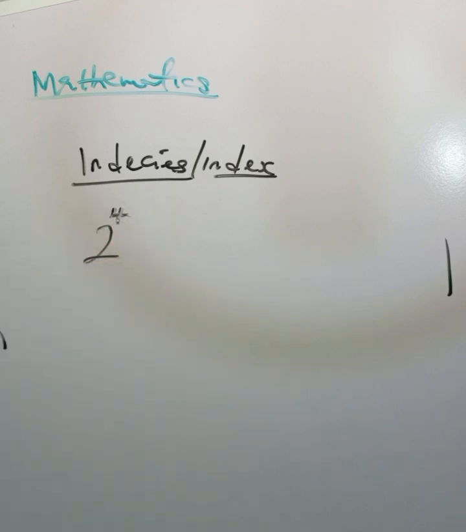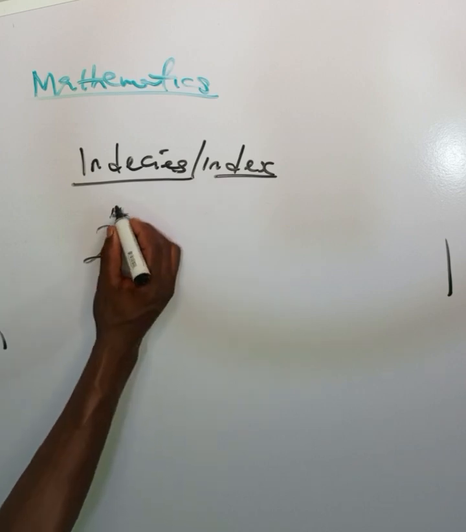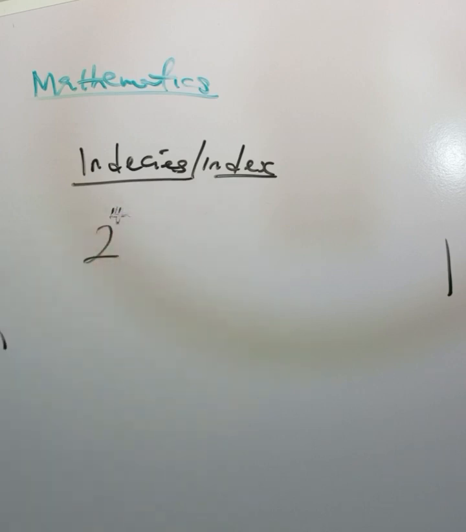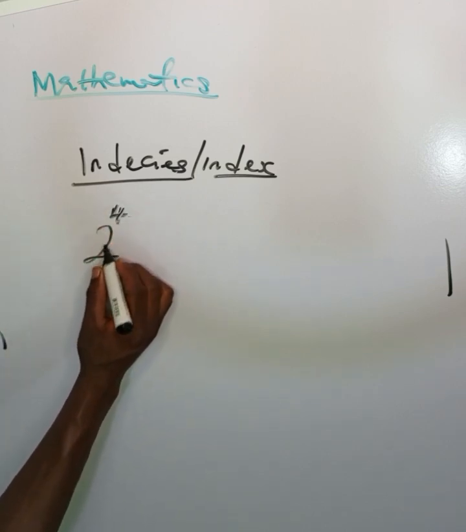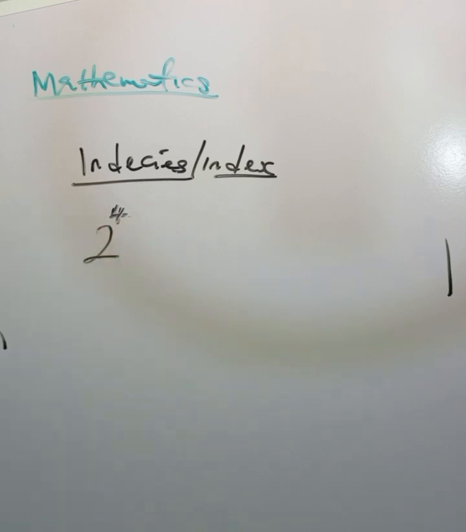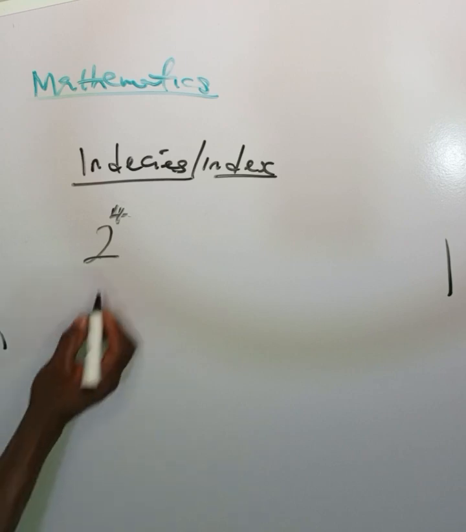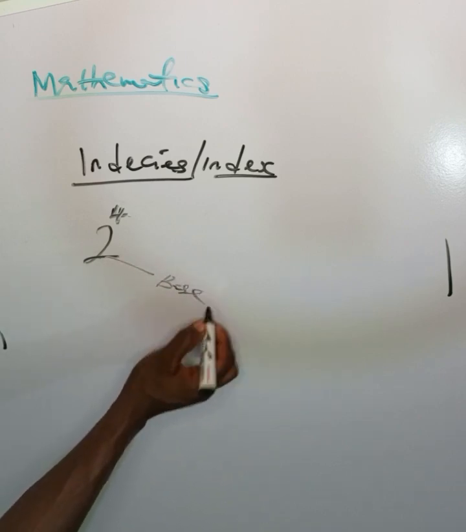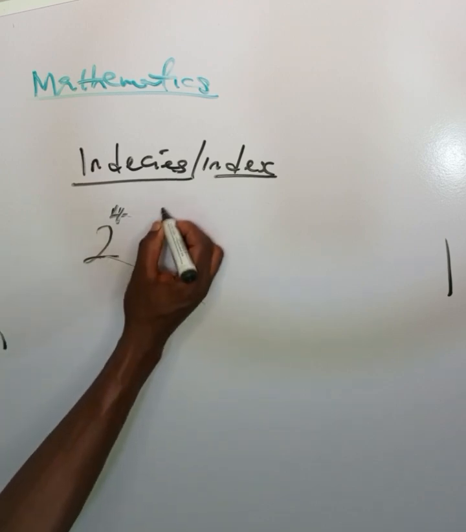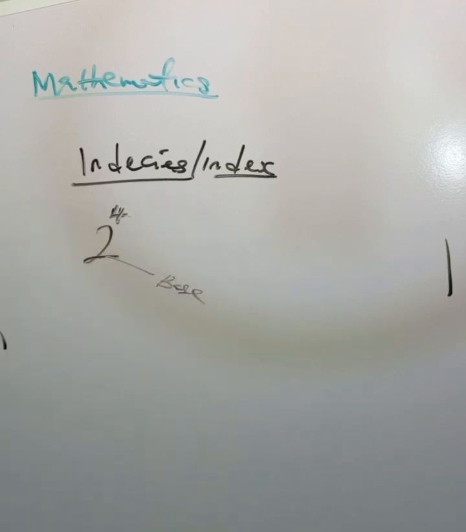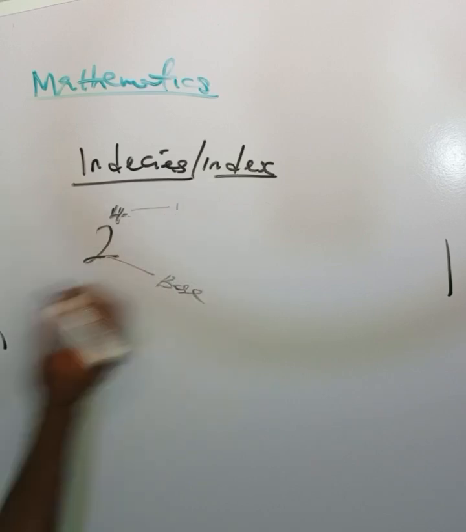What it means is index expresses how many times a number occurs in any expression. This means that 2 occurred 4 times. 2 is the base of this expression, while 4 is the power.